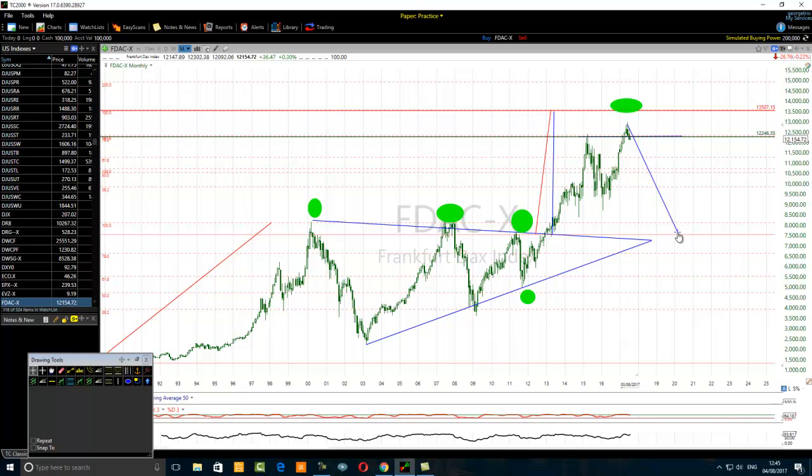I need to remind the traders that are trading the DAX 30 that this stock index very often is mimicking the Dow Jones index, the Dow 30 index. So you see, this is the DAX 30 representing the 30 stocks in Germany, but very often this German stock index will duplicate the patterns of the Dow Jones index.